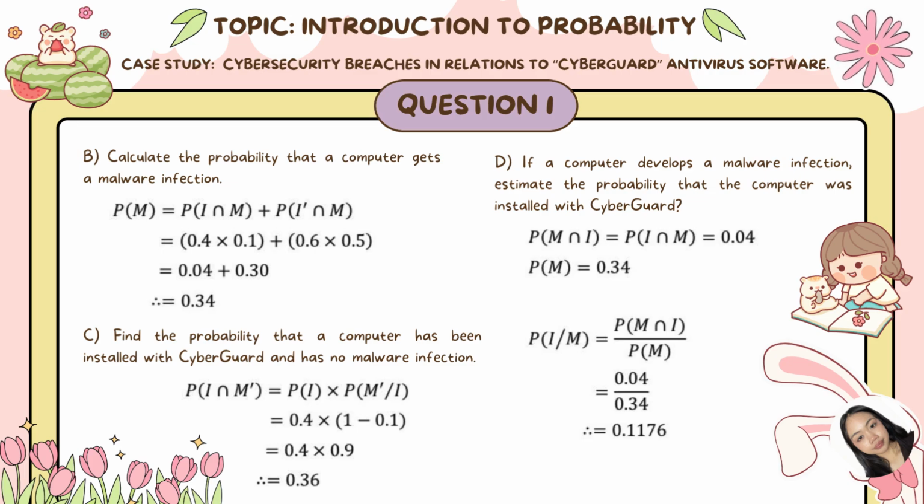The solution for this question is the probability of getting malware infection intersection installed CyberGuard, which is 0.04, over the probability of getting malware infection, which we can get from the answer in question 1b, which is 0.34, and the final answer will be 0.1176.